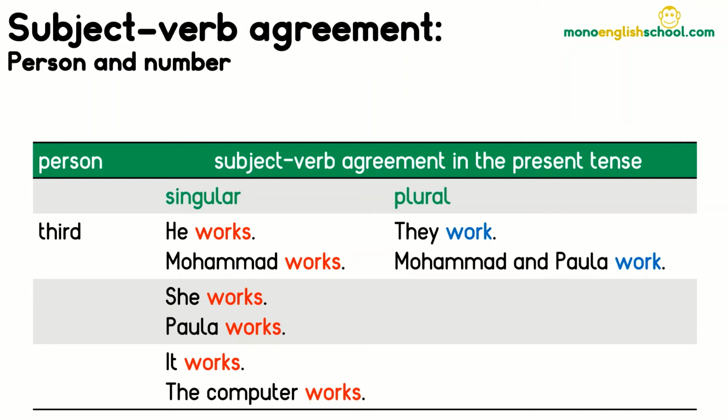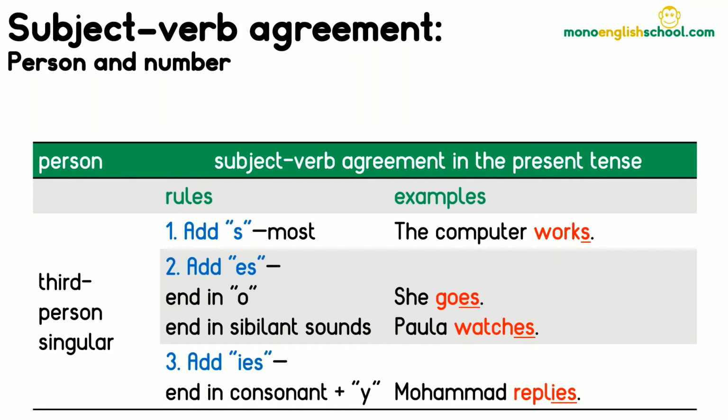Except for the verb have, which we will conjugate later, there are 3 rules to third person singular conjugation in the present tense that we need to remember. The first, as we have discussed, is to simply add an S. This works for the vast majority of verbs.